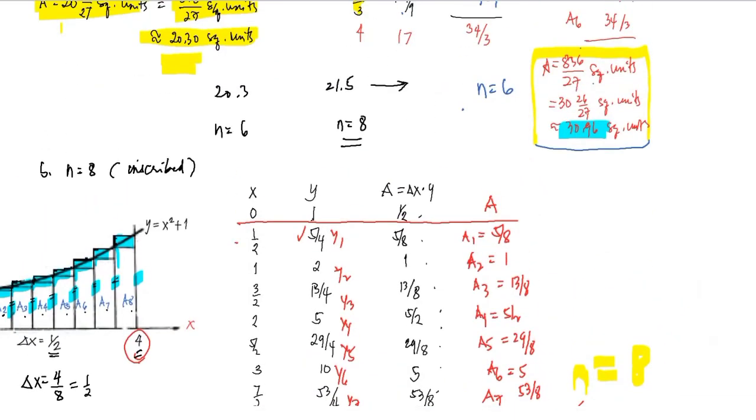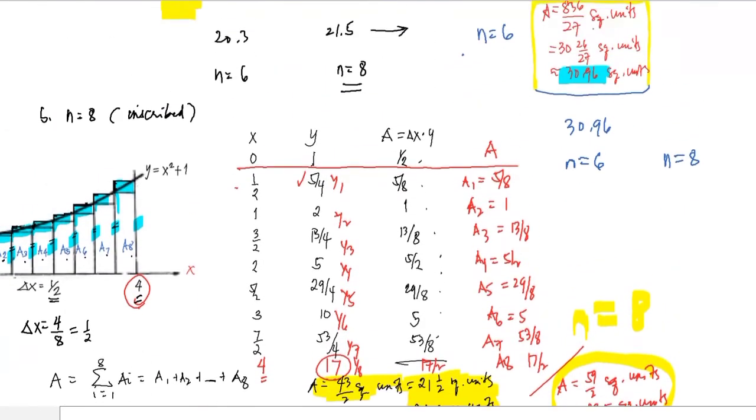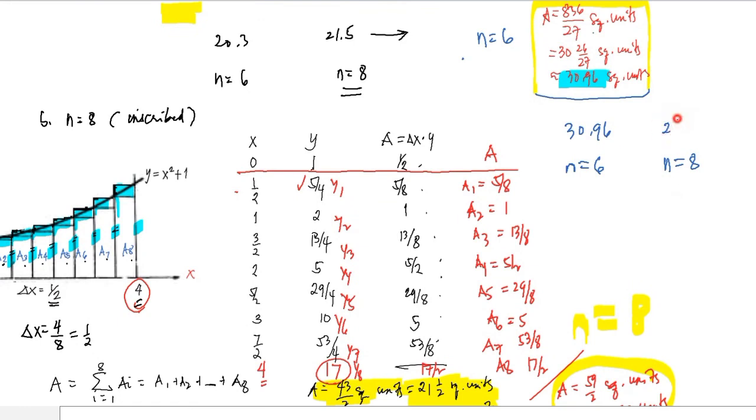Kanina, ang sagot natin is 30.96 for n is equal to 6. But for n is equal to 8, we have 29.5. Okay? So, lumiit, no? Lumiit yung sagot natin kasi dumami na yung number of n natin.